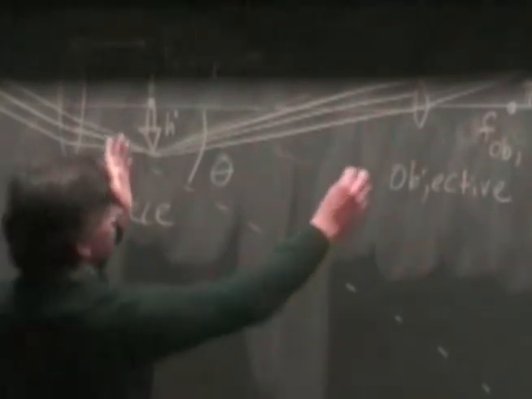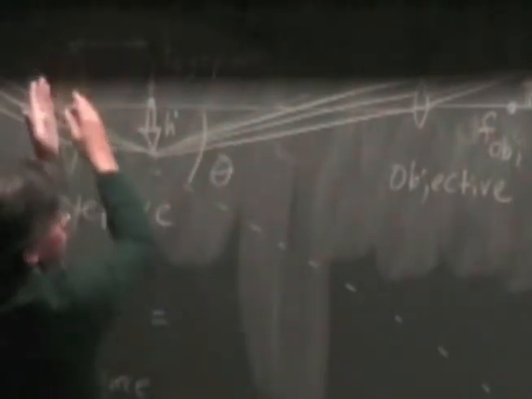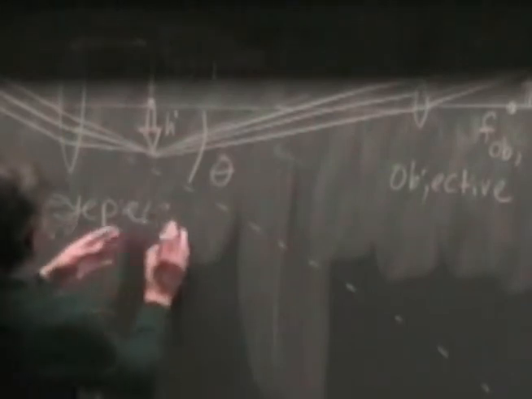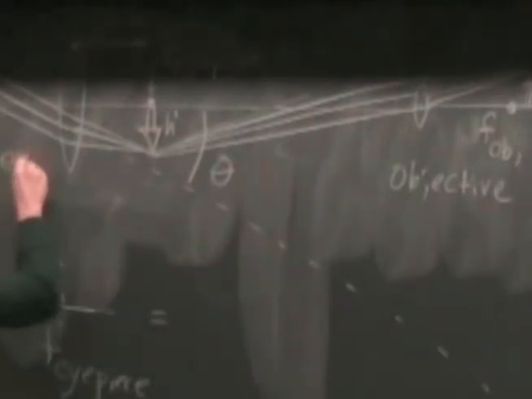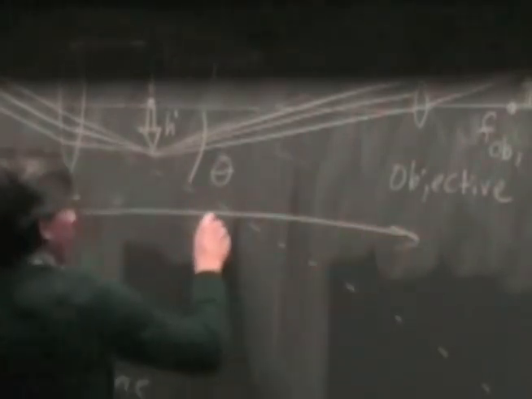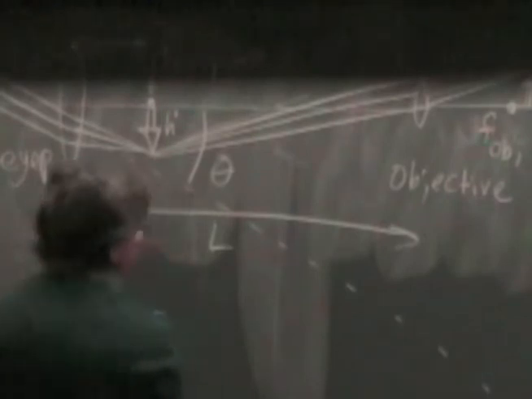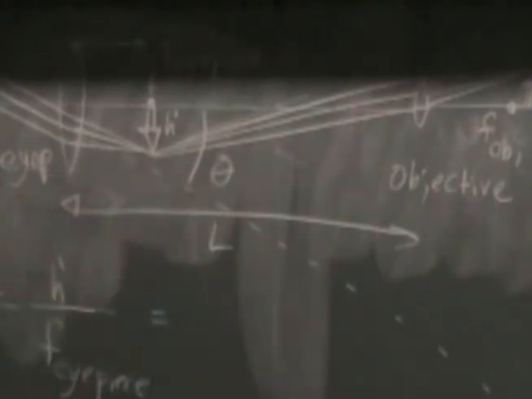I'm going to assume that the distance at which this image was formed is very close to being L, the length of the microscope. Typically in a microscope you're talking about focal lengths of millimeters in size, and the length of a microscope is typically 160 millimeters.